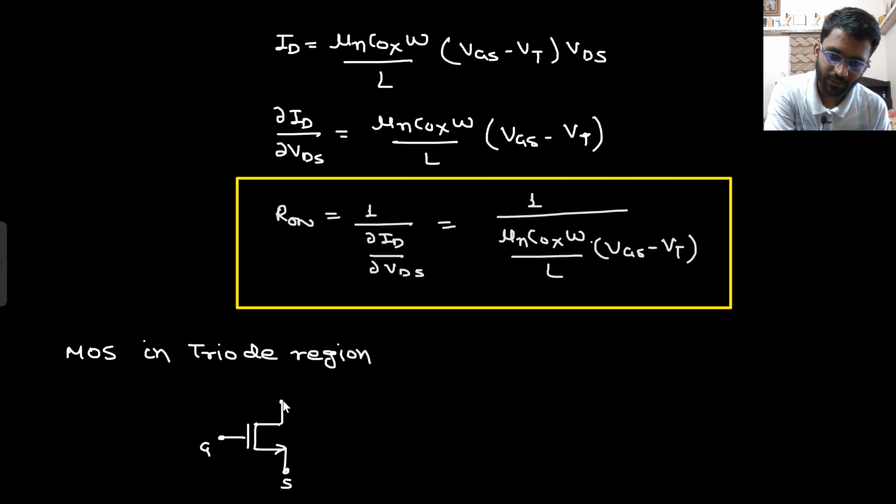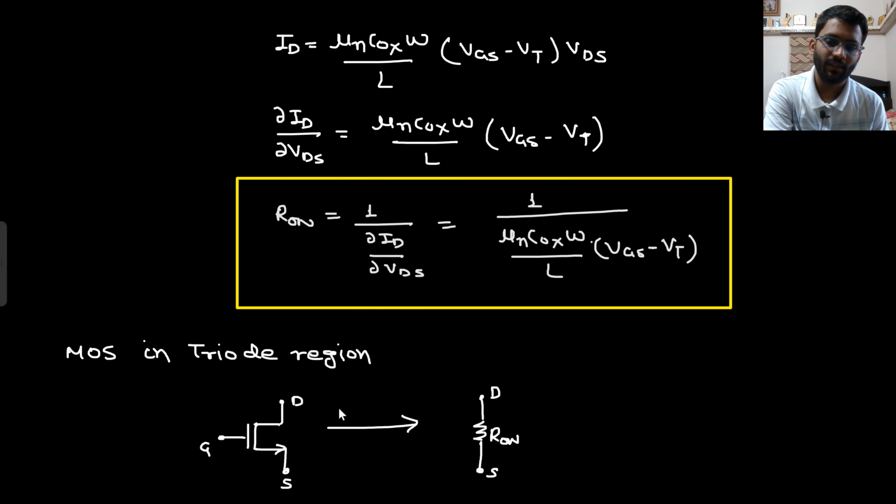Gate, source, drain. It will be replaced from drain to source side with a resistance R1. That's it. This is drain and this is source.